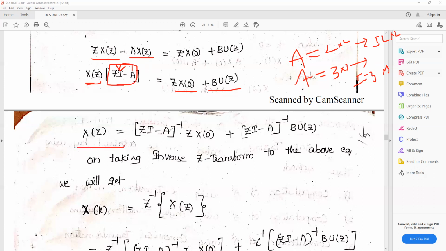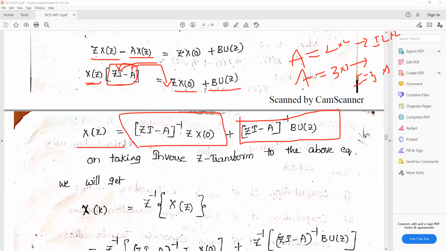X of z is equal to zi minus a whole inverse into z into x of 0 plus zi minus a whole inverse into b into u of z.